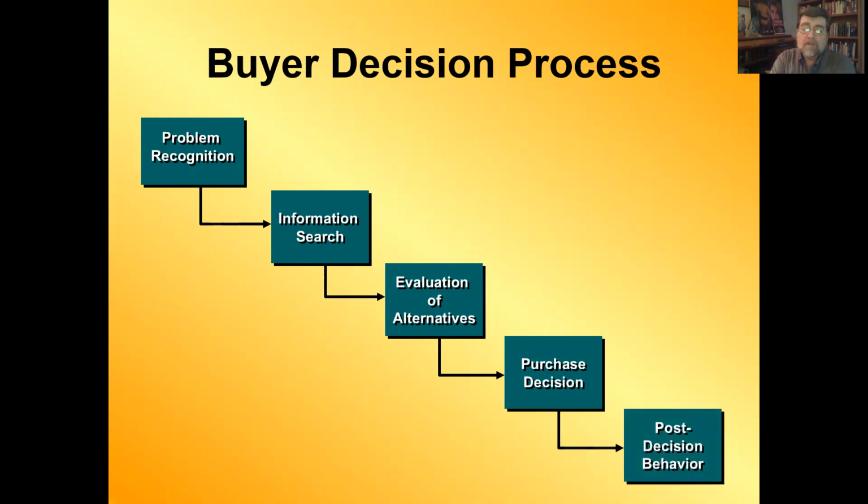And then after that, there is what we call post-decision behavior. That may not seem very important to people, but there is a reason we pay attention to it. If people are satisfied with a product, we'd like them to tell us that and tell other people that.